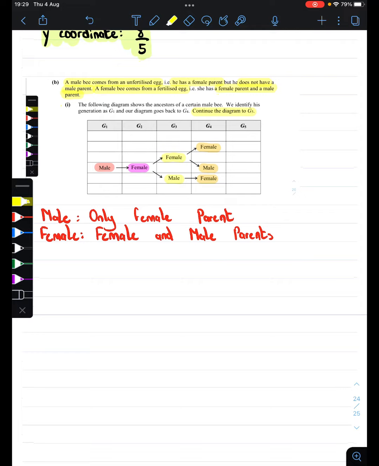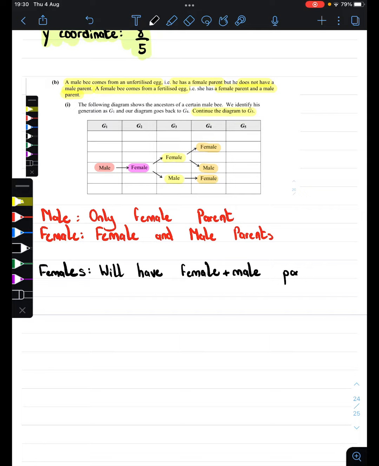Okay, so the female, there's two of them. The females will have female and male parents. So let's fill that in now.